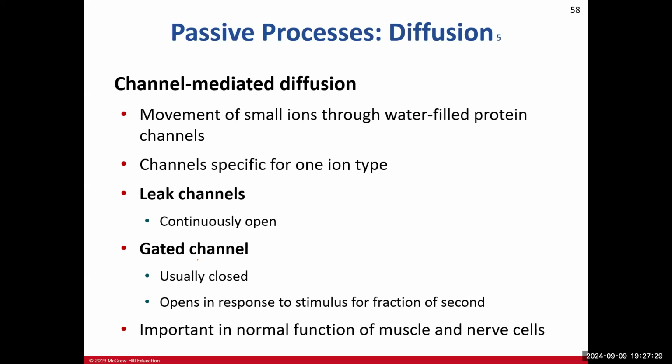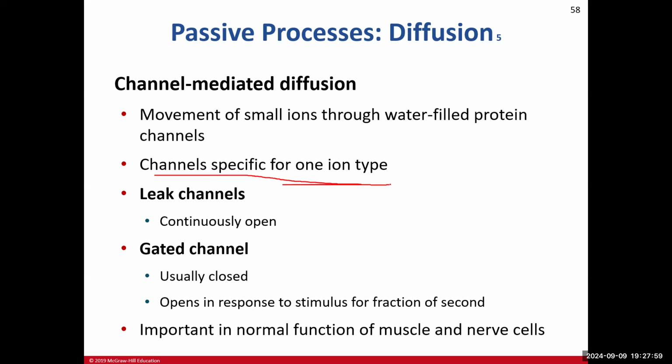So channel-mediated diffusion. We have these plasma membrane proteins that are integral proteins that we put into the plasma membrane. And so they're going to allow something to move from the outside of the cell to the inside of the cell or vice versa. And one thing that you have to know, star it, underline it, make sure you know this: channels are specific for one ion type.